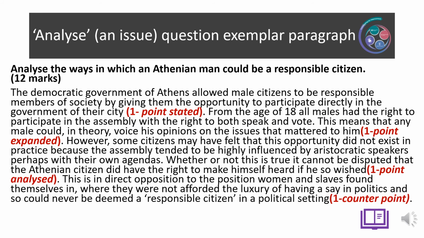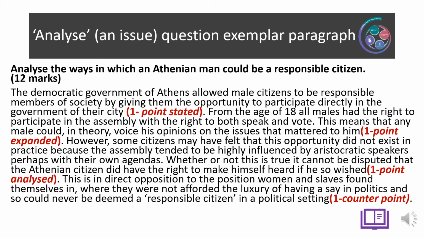Here is an exemplar paragraph for an analyse an issue question for Higher Classical Studies. Analyse the ways in which an Athenian man could be a responsible citizen, for 12 marks. The democratic government of Athens allowed male citizens to be responsible members of society by giving them the opportunity to participate directly in the government of their city.